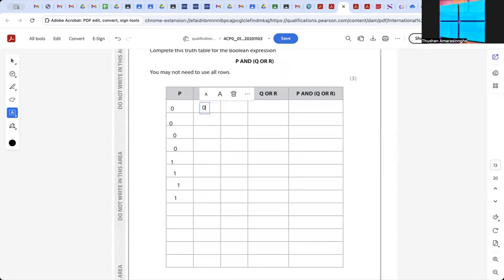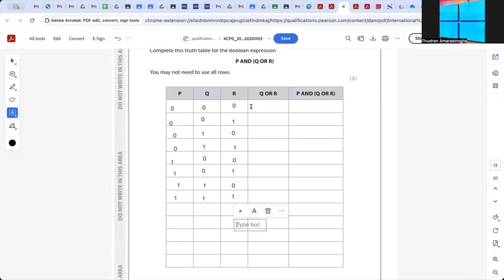That means go for 2 zeros, then 2 ones, then again 2 zeros, then finally 2 ones. For R, 2 divided by 2 is 1, so start from 0 and interchange: 0, 1, 0, 1, 0, 1, 0, 1. That's it. Now we are done with all 8 possible input values.